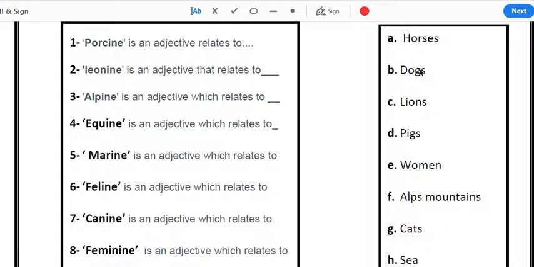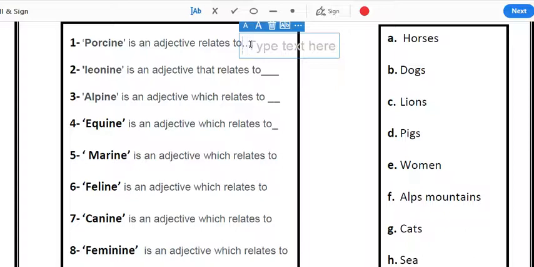We have here horses, dogs, lions, pigs, women, elves, mountain, cats, and sea. Remember that the suffix ine gives me an adjective, and most probably it's telling me that thing is like an animal, or takes the characteristic or feature of something. So I'm going to write the letters here instead of drawing the arrows.